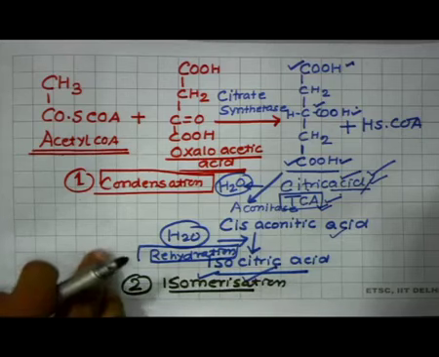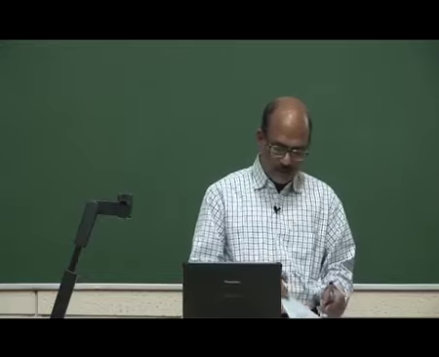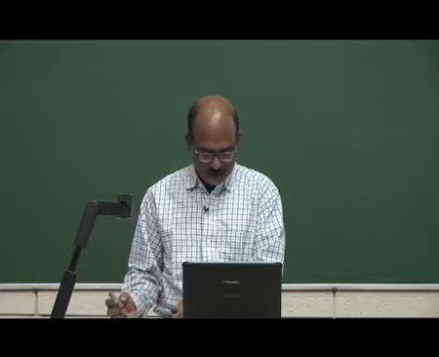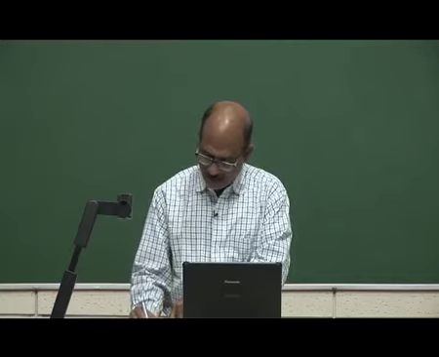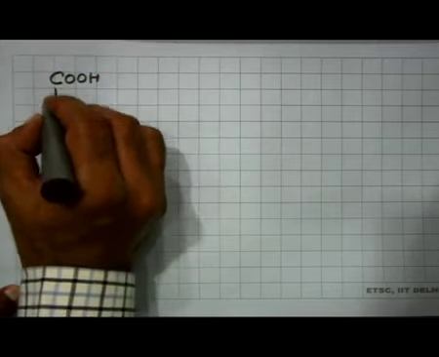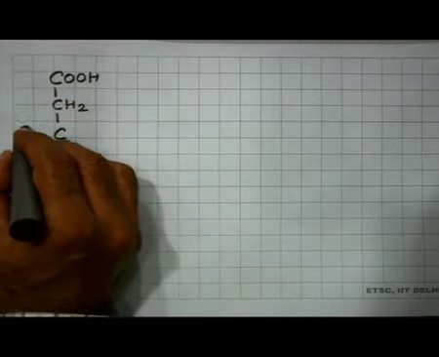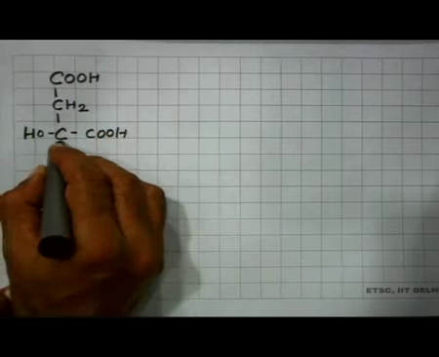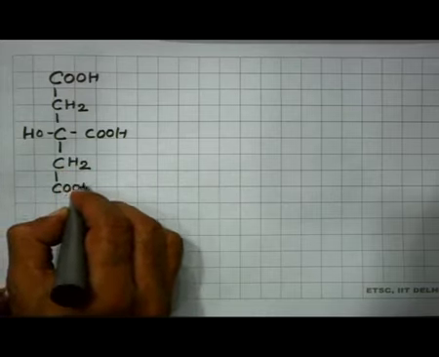So, in isomerization, the citric acid is first converted into cis-aconitic acid and the cis-aconitic acid is converted into isocitric acid. Now, the structure is of this type: COOH, CH2, COOH, CH2, COOH.